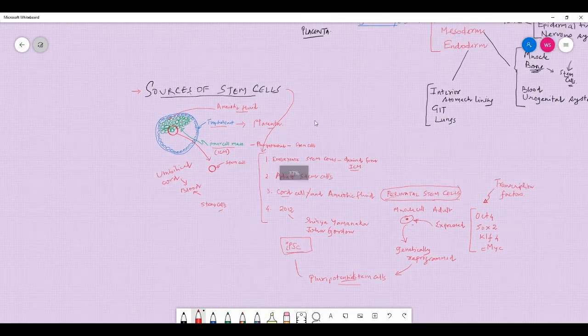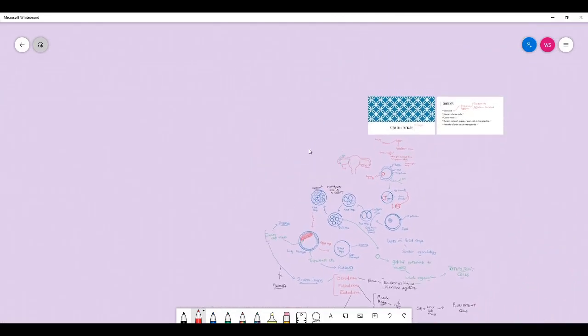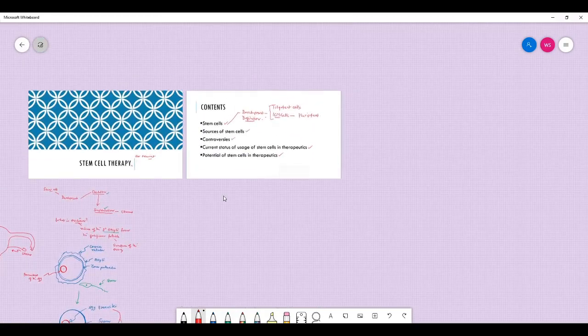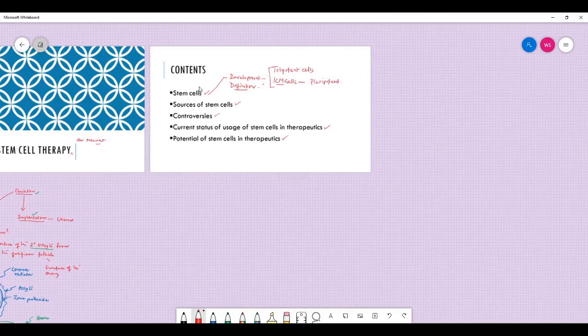So let's go back to our slide and see where we are. We have talked about stem cells and the different sources of stem cells. Which are the four sources that we talked about? Embryonic stem cells. Then adult stem cells.